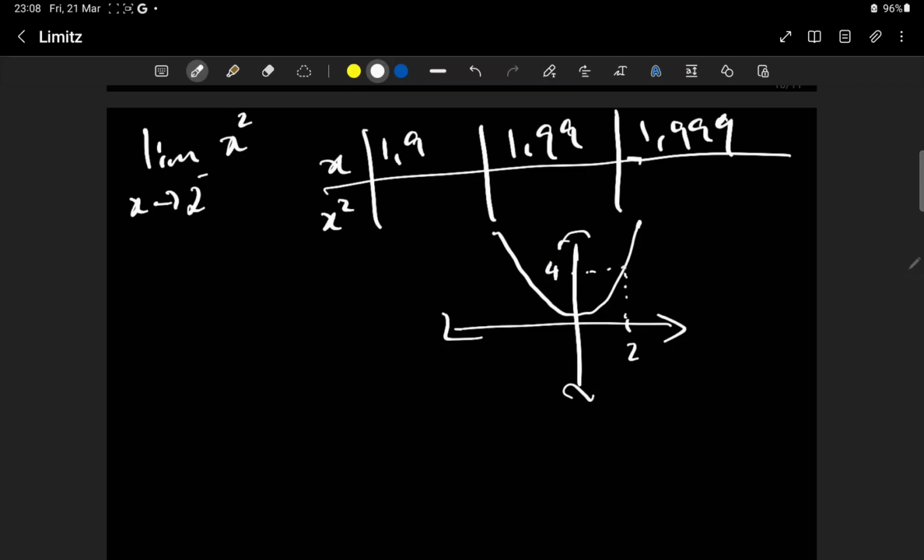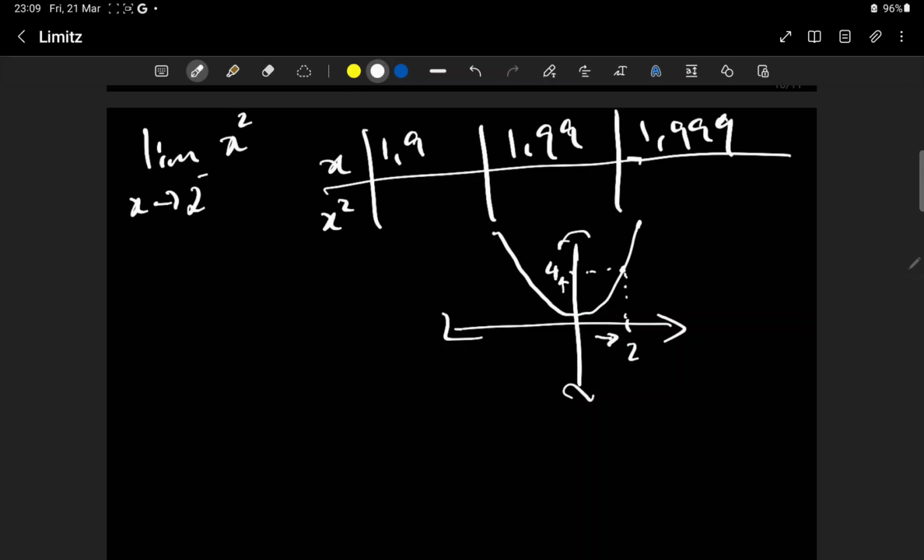So now you can see that obviously if you're approaching 2 from the left of 2, then the values of y will also be closer to 4 but from the left, from below 4. They will be values that are below 4 but closer to 4.